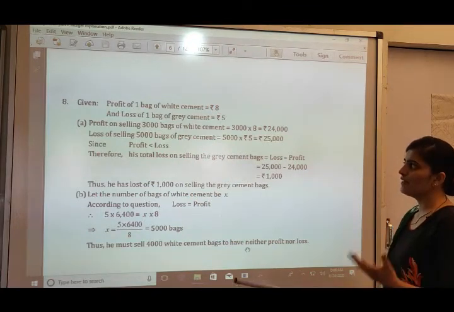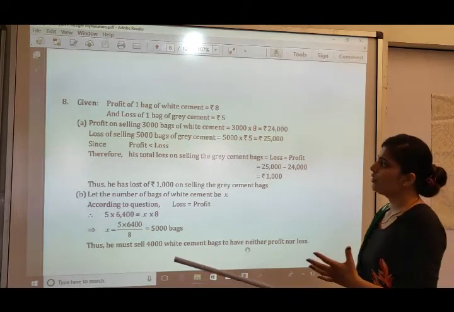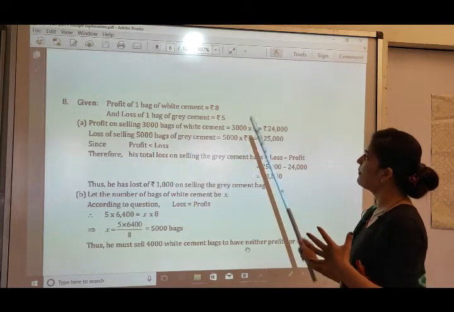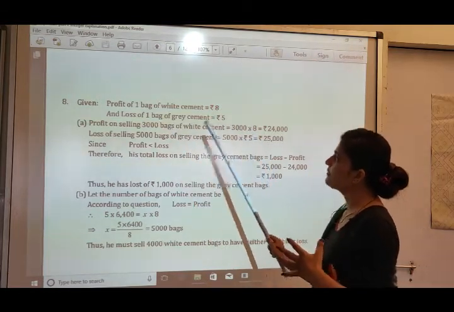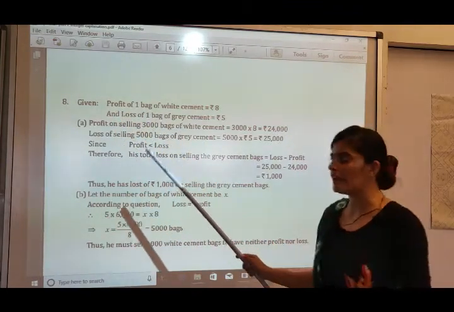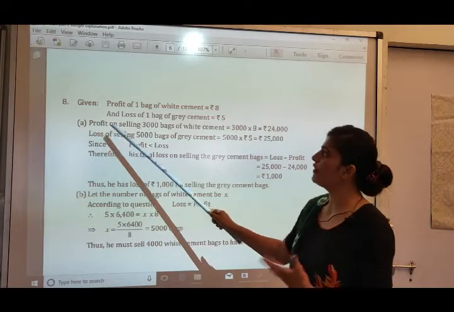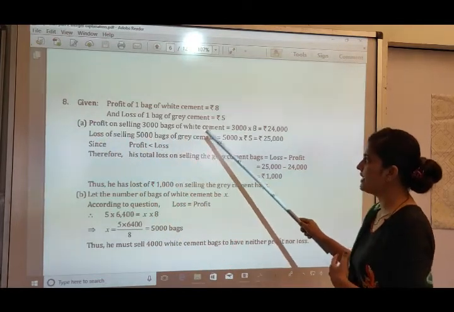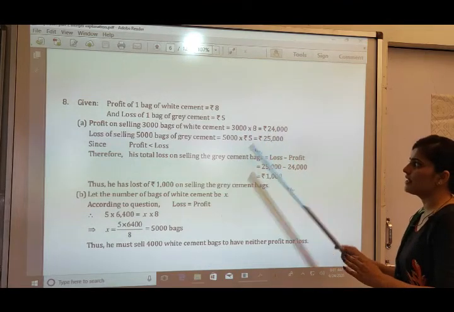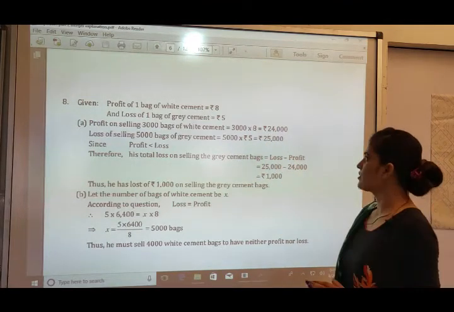Now how much money will we get if we sell 3000 bags? 3000 multiplied by 8, because for white cement we are getting profit. So whatever money we get will be our profit. So we will write: profit of selling 3000 bags of white cement will be equal to 3000 multiplied by 8. The answer will be rupees 24,000.